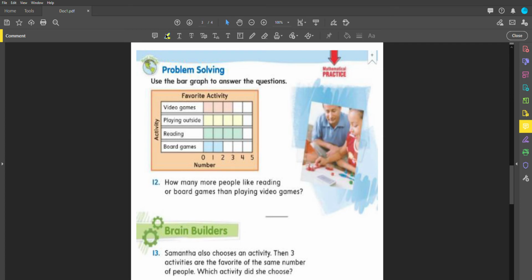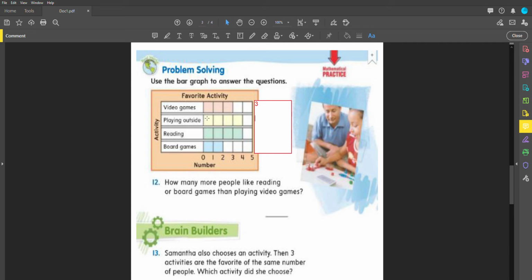Let's focus here. First, let me write how many people on each one. Video games, how many votes? Can you tell me? 1, 2, 3. So 3 votes for the video games.